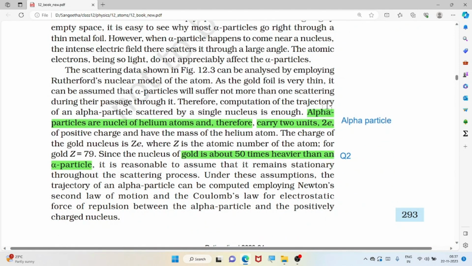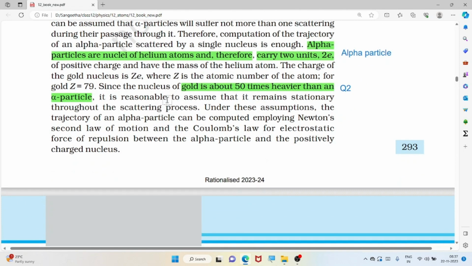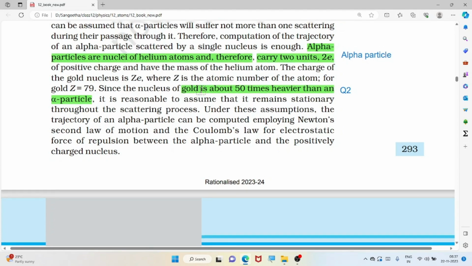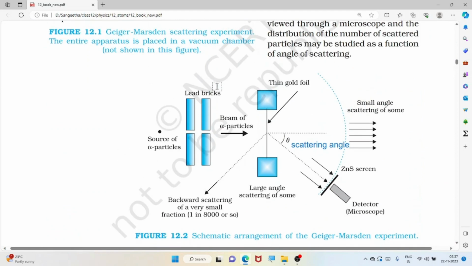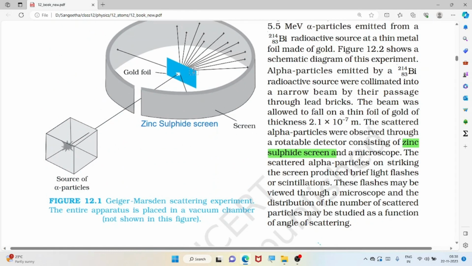An alpha particle is nothing but a helium nucleus, therefore it has a charge of 2e. The gold is around 50 times heavier than the alpha particle. That is why the alpha particle is getting deflected, because we are using gold foil in the experiment, and it is 50 times heavier than the alpha particle.